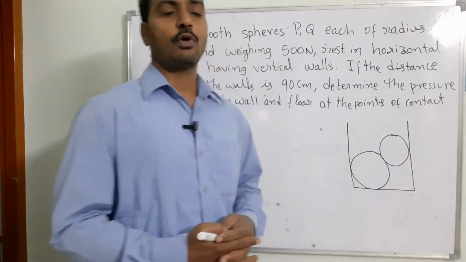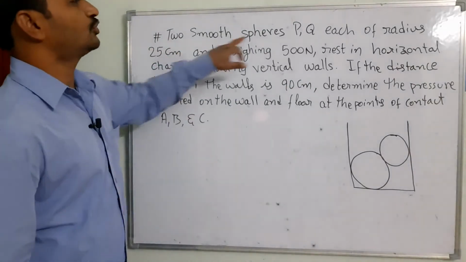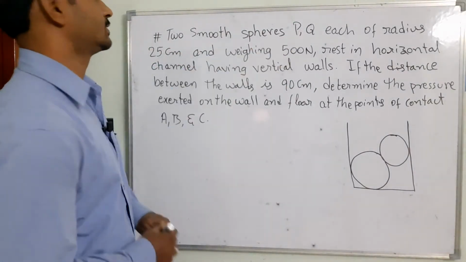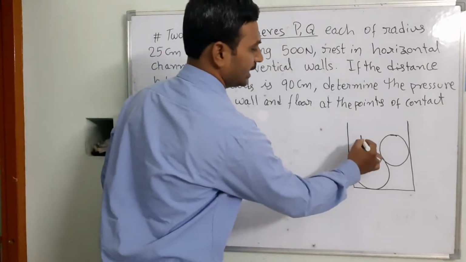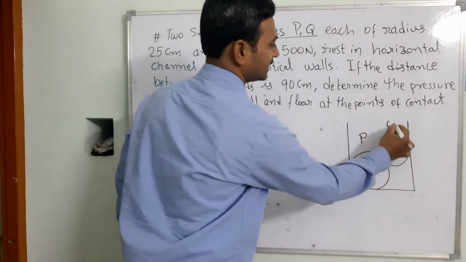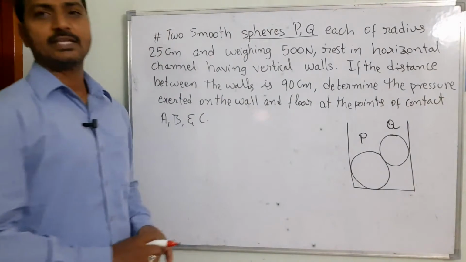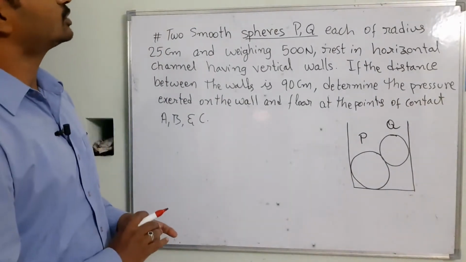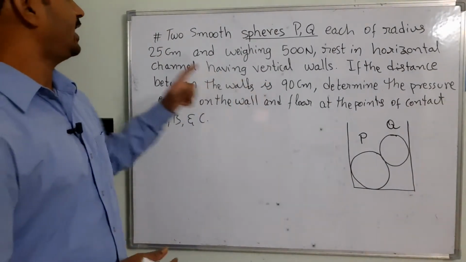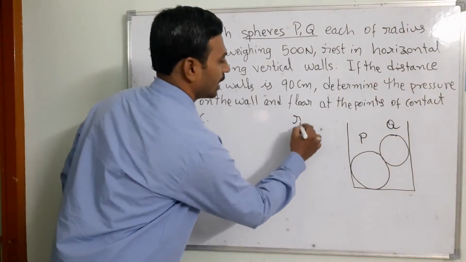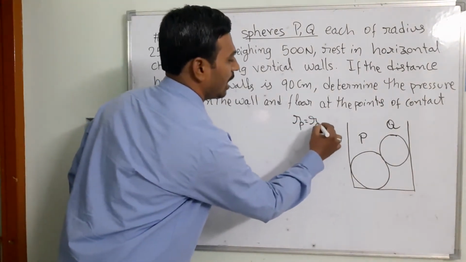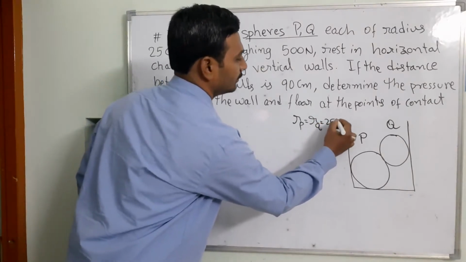So here is the problem: two smooth spheres, P and Q. I am calling this one P and this one Q. Each sphere has a radius of 25 centimeters, so RP is equal to RQ is equal to 25 centimeters.